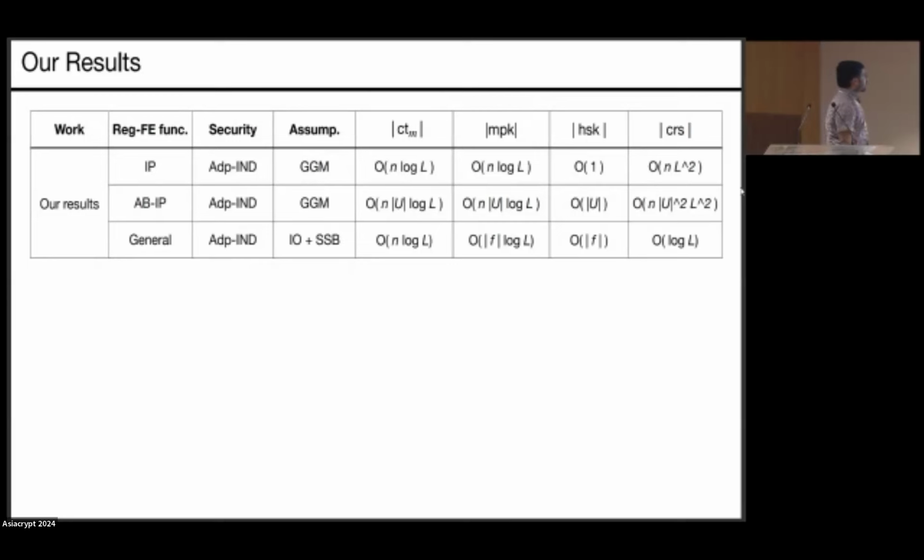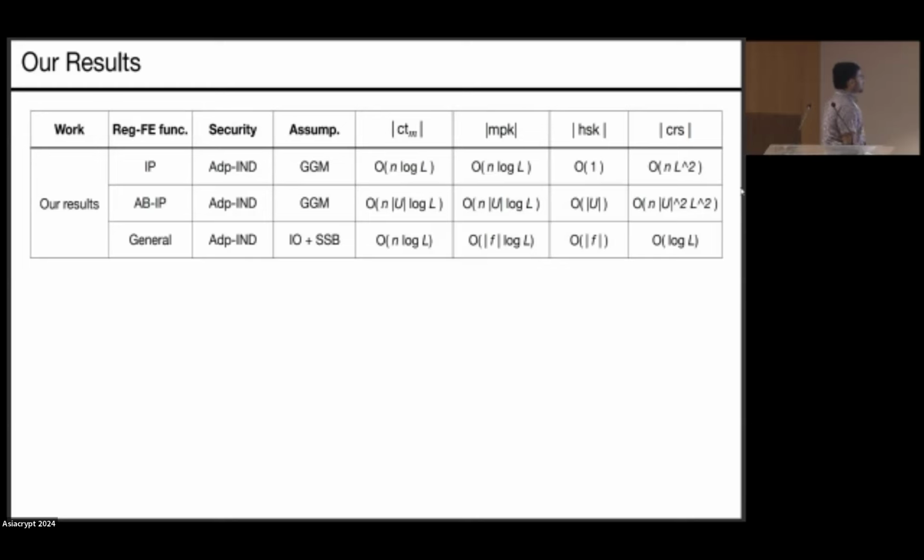In more detail, we construct registered FE for IP and ABIP with adaptive indistinguishable security under the GGM, or generic group model. We also construct registered FE for general functions with adaptive indistinguishable security under the assumption of IO and SSB, indistinguishable obfuscation and somewhere statistically binding hash functions.